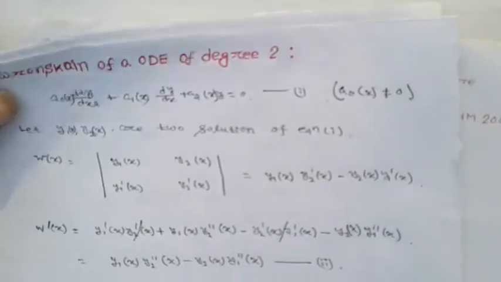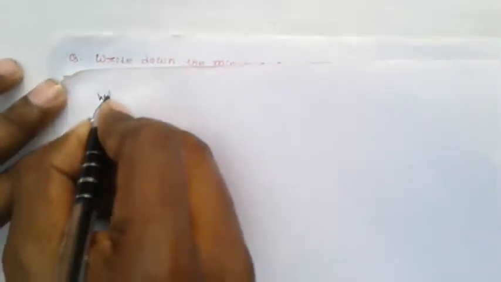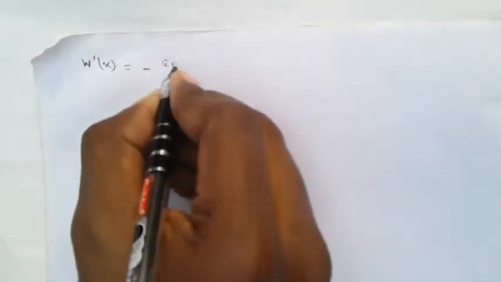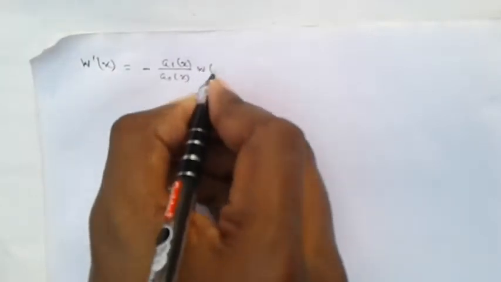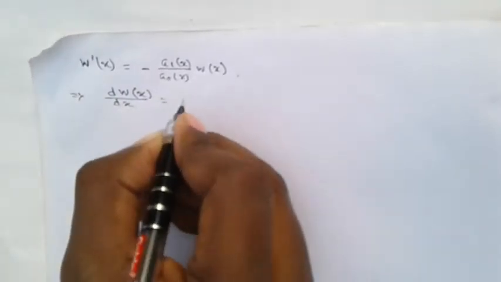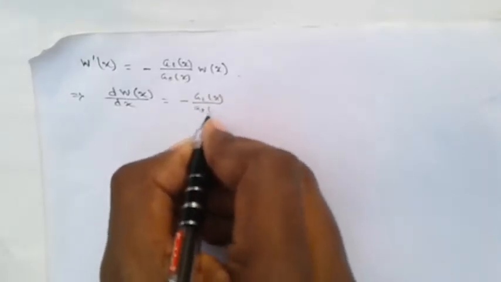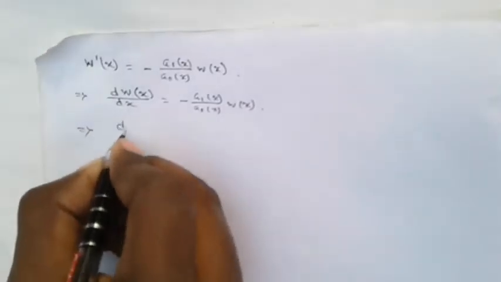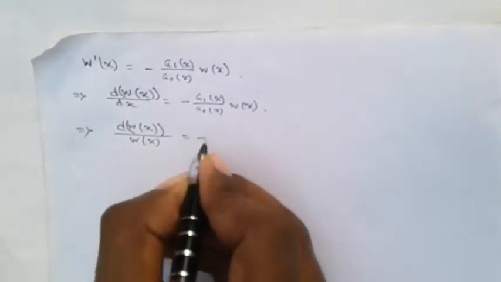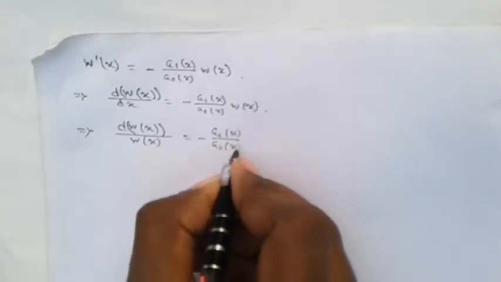So from this we get that W'(x) equals minus a1(x) by a0(x) W, and this implies dW/dx equals this, and this implies dW by W equals minus a1(x) by a0(x) dx.